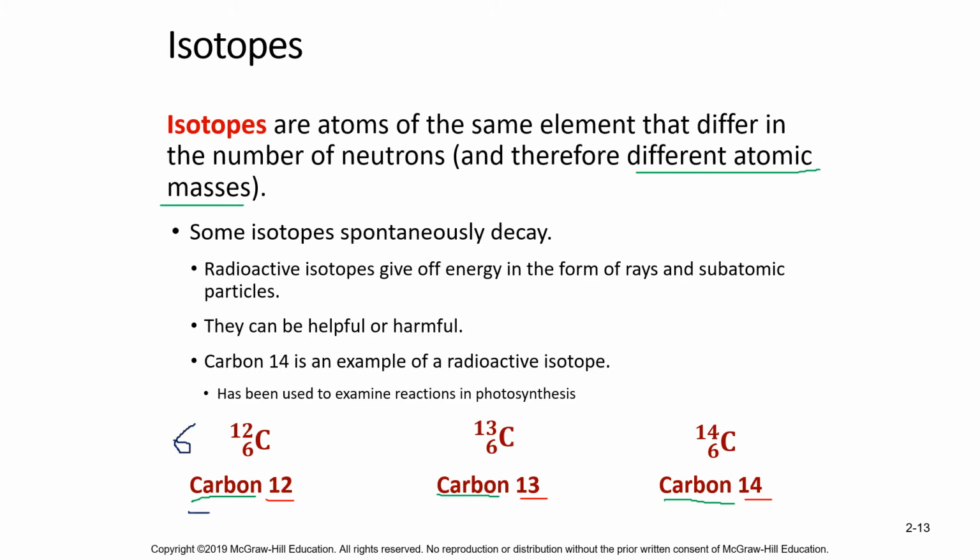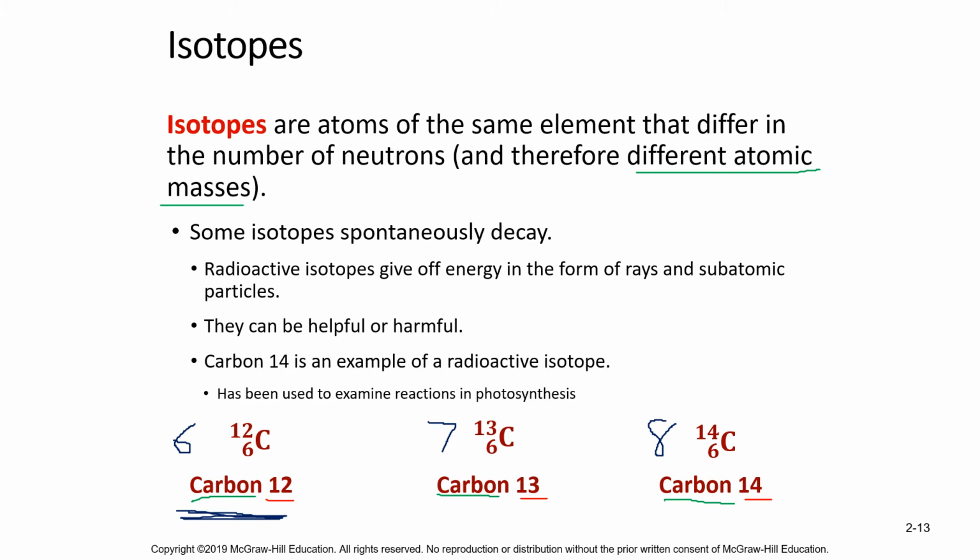So sort of your normal standard carbon atom has 6 neutrons. Carbon 13, 13 minus 6 gives you 7. So carbon 13 has 7 neutrons. Carbon 14, 14 minus 6 is 8. So carbon 14 has 8 neutrons.